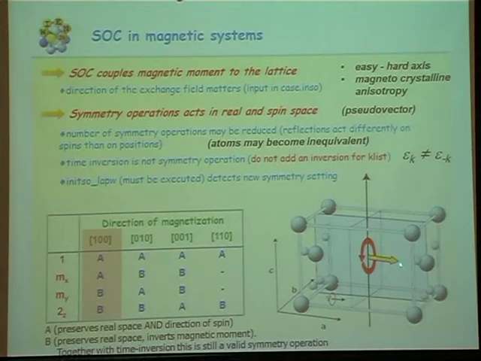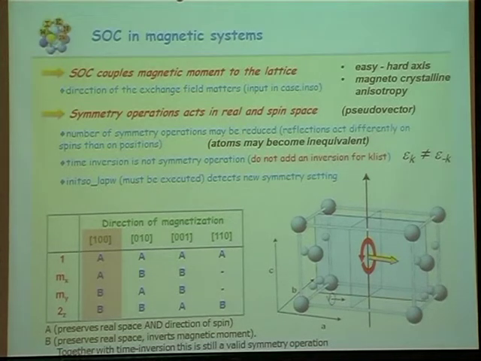It is this circle indicated here. That is because it's not the magnetic moment which is important for the symmetry, because the magnetic moment is the outcome. What produces the magnetic moment is this current. And this current loop is therefore what you have to consider when you want to know about the symmetry properties of a certain magnetic case. So you have to consider the symmetry of this current loop, whether it's in this direction or another, or whether a symmetry operation would flip it, and not the magnetization arrow.